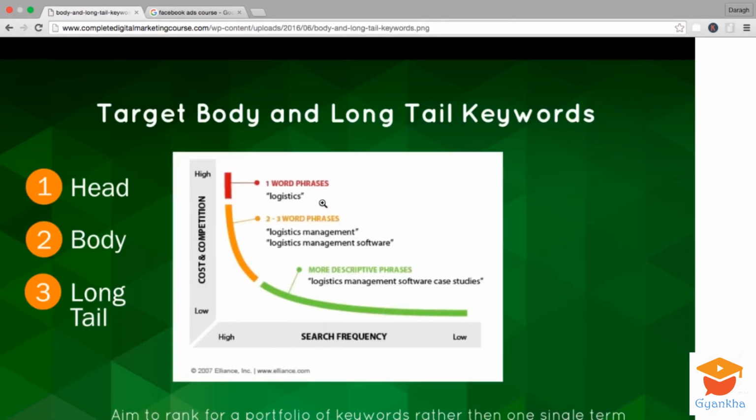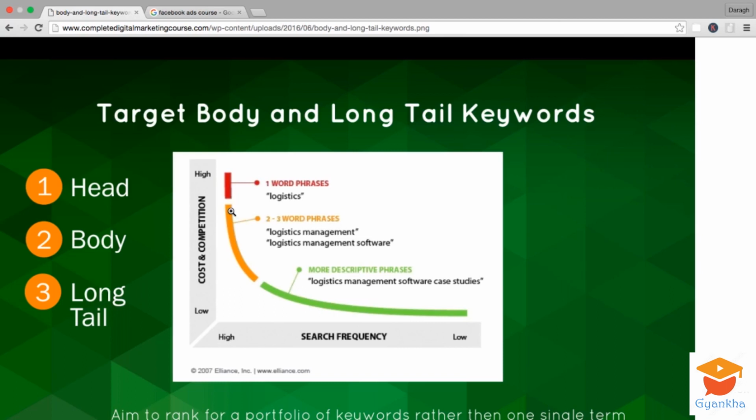And to explain this, I have a quick slide here. So think about keywords in 3 different categories. First are the head keywords. These are one-word phrases like logistics, and they're called head keywords because they really represent the head of the graph here. Then there are body keywords. These are 2 to 3 word phrases.